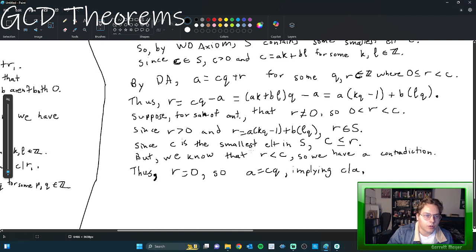Now, look at what we did here. We split out by the division algorithm, A being CQ plus R, and then we discovered certain things about R using this factorization, figured out that R is 0, and then that shows that C divides A. Now, if we use a symmetric argument, where the only difference is that we substitute B in for A, we would go through basically the same proof technique, and that would show us that C divides B. The only difference would be that you have a B here, and then this -1 would be in the second term instead, which doesn't really change the fact that R would need to be 0 in order to ensure that C is still the smallest element.